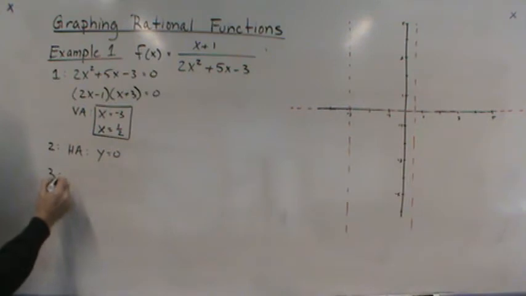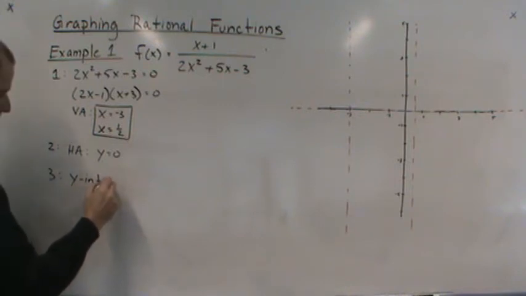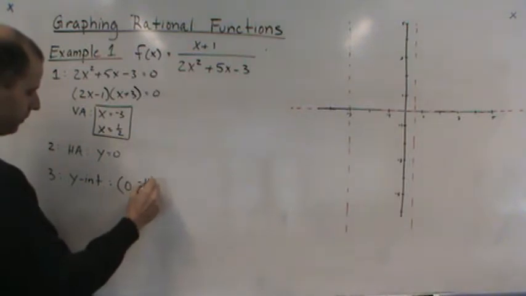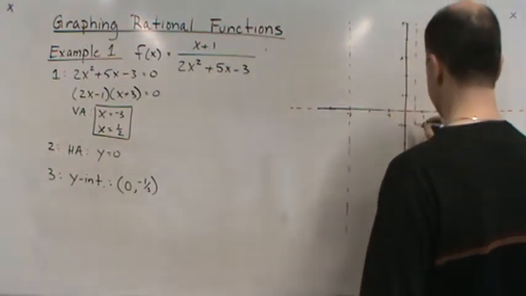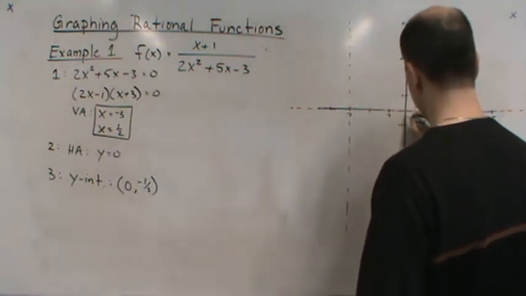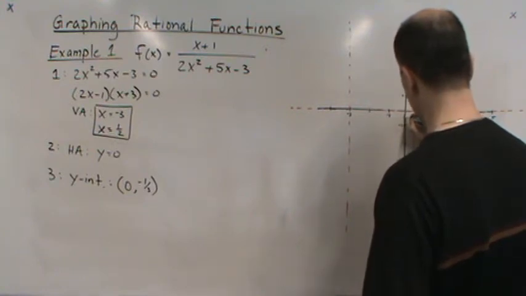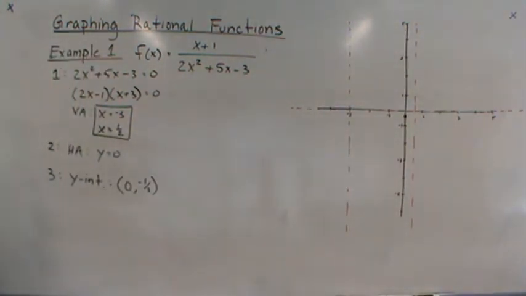So that tells me that we're going to have a y-intercept at 0, comma, negative 1/3. Okay, so that's going to happen right about here. So 0, negative 1/3 is right about here. Okay, and so now we've got that plotted.